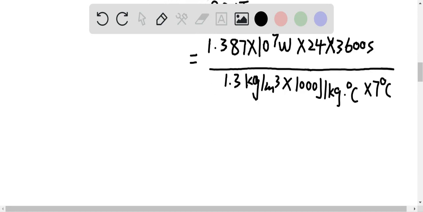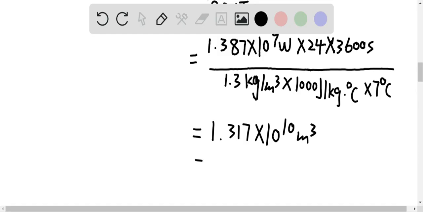This gives us the volume heated per day of about 1.317 times 10 to the power of 10 meters cubed.